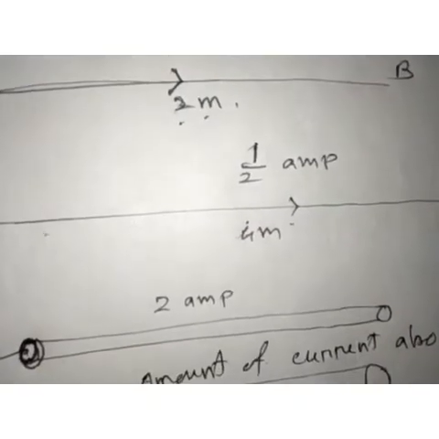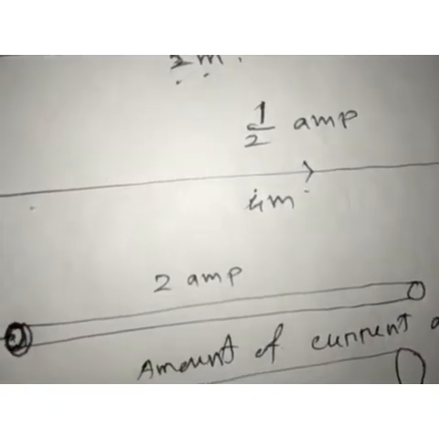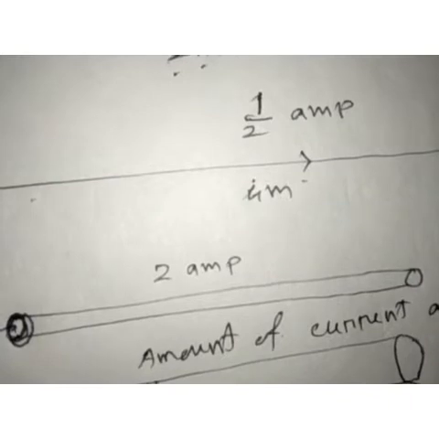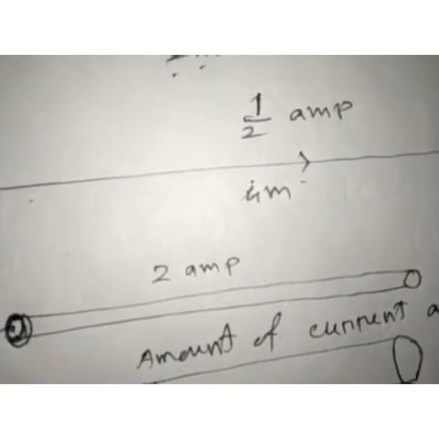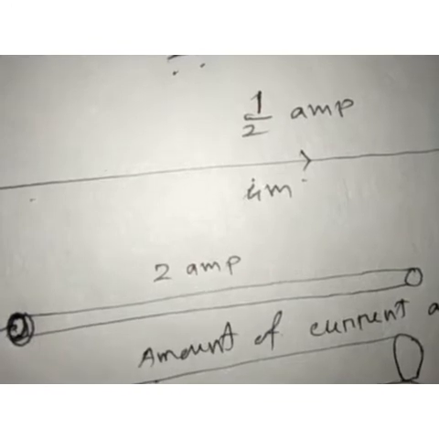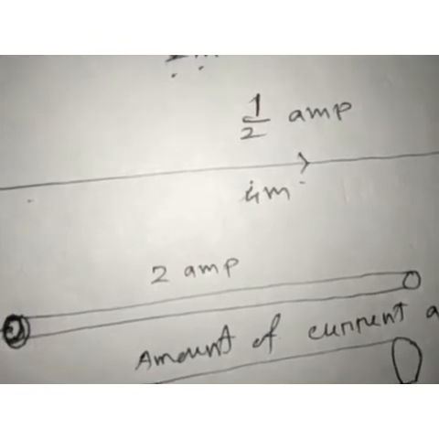Understood? If the area of cross section is increasing, then the amount of current also increases. Understood?